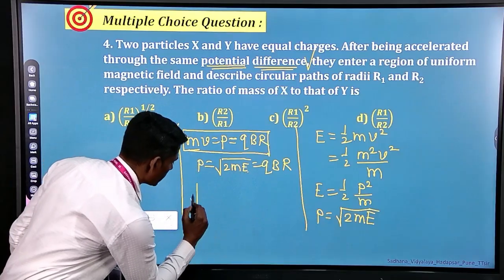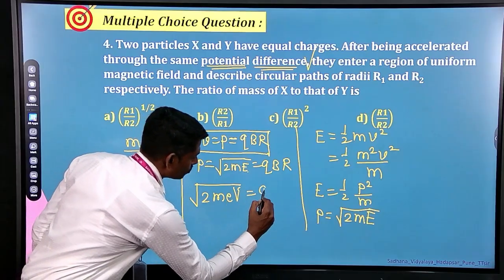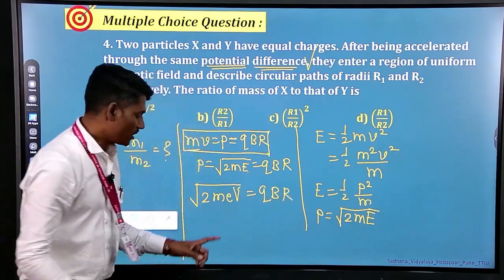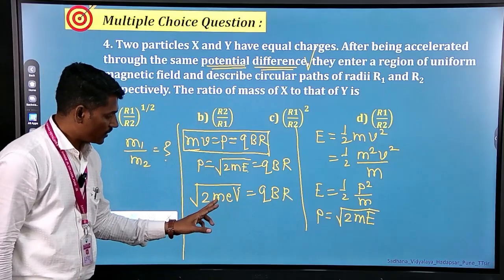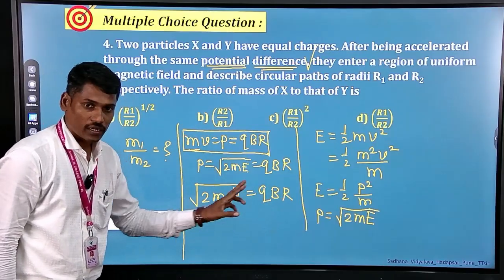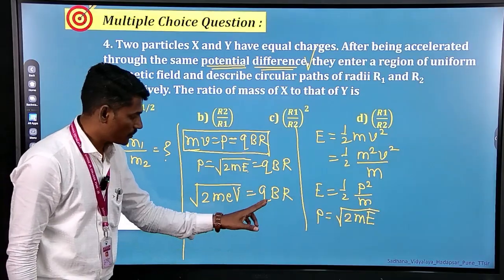That means here we get under root of twice m eV is equal to QBR. Here V is same, therefore m is directly proportional to r, that means under root of m is directly proportional to r, here B is constant.